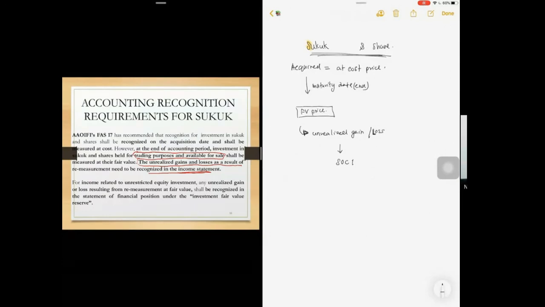As for income related to unrestricted equity investment, maksudnya apa tu, maksudnya investment yang unrestricted. Contoh macam investor tu dia provide capital tadi kan, dia belilah the asset.